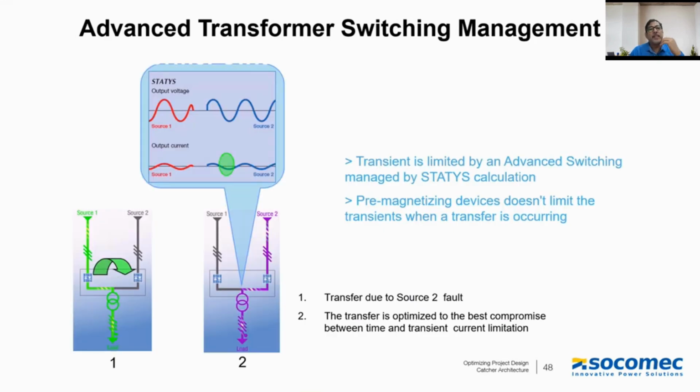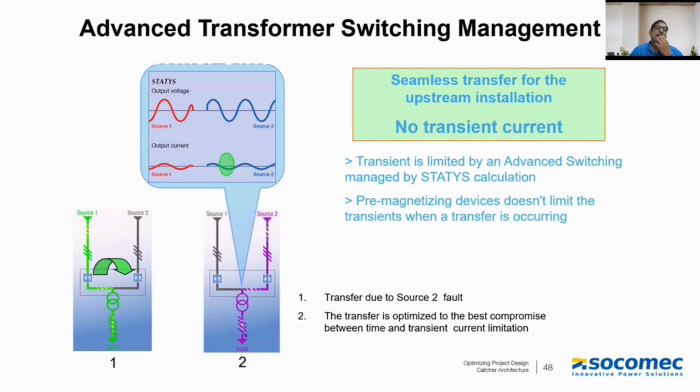With this ATSM feature, the STS intelligently manages this inrush current situation by calculating, in the algorithm programmed in the STS, exactly at what point the transfer should take place from source 1 to source 2, so that the residual flux issue is mitigated and the transformer will not draw a high magnetizing current on source 2.